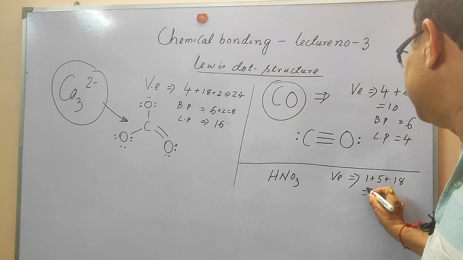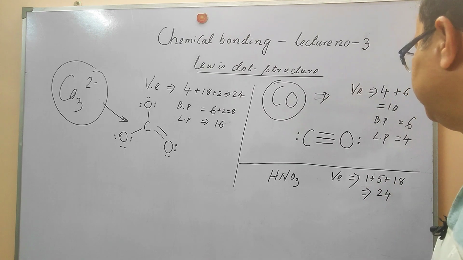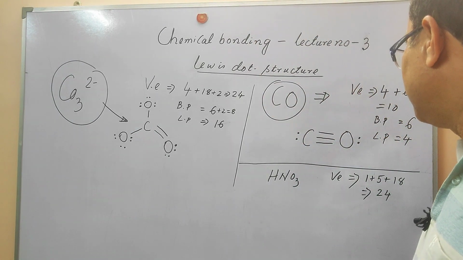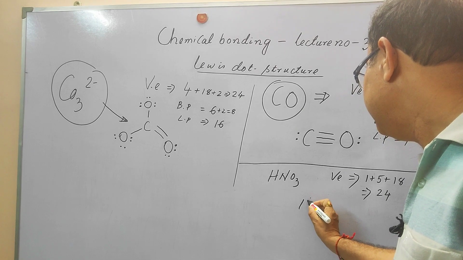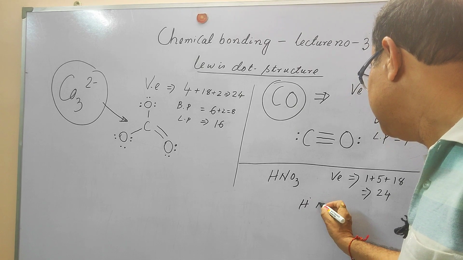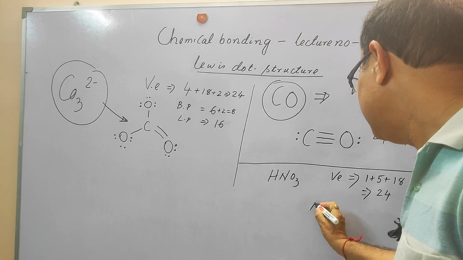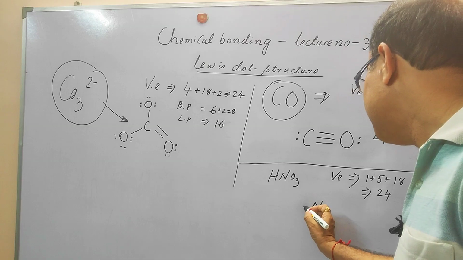So we will get how many? 24 electrons. Right? Total 24 electrons we get. Now we make a picture of this. Naturally, nitrogen will be the center atom.